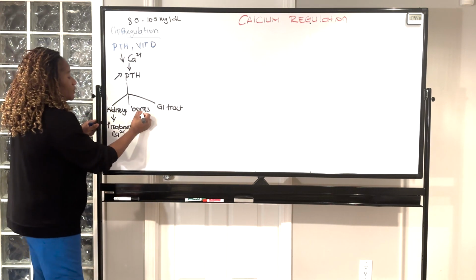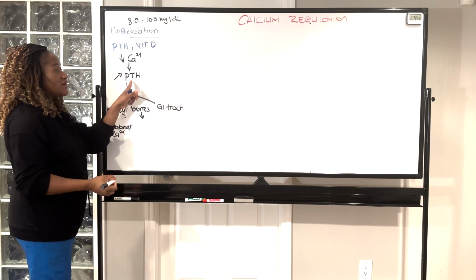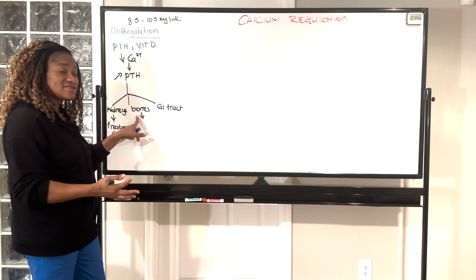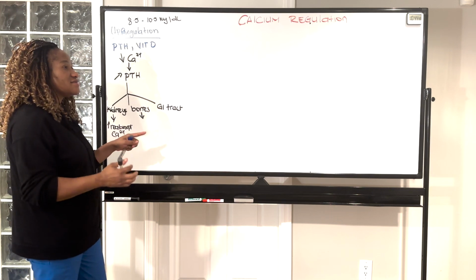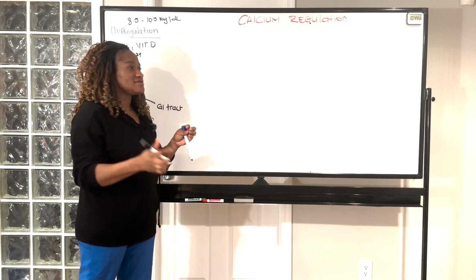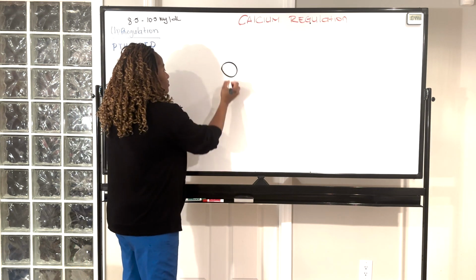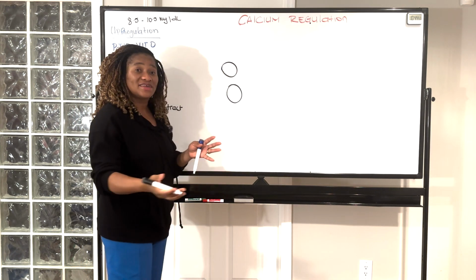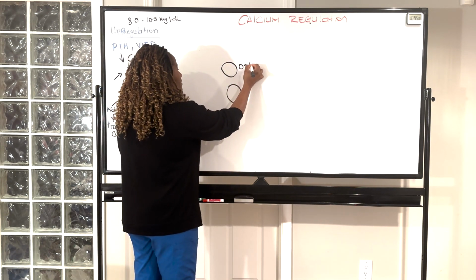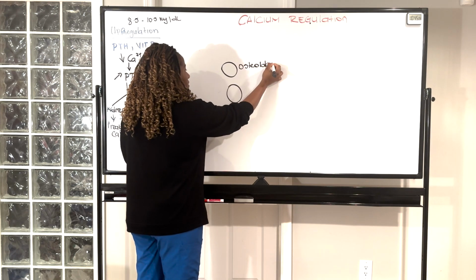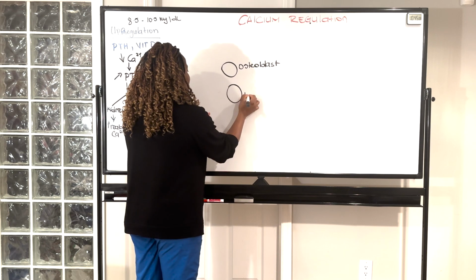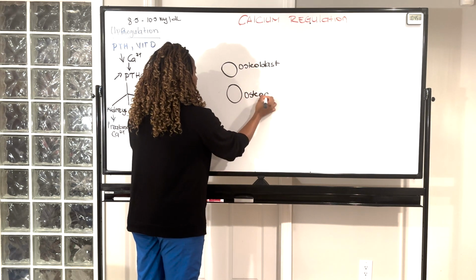So on the bones, the parathormone is going to have an indirect effect, because in the bones we have two main cells. We have the cell that makes up the bones, and we have the cell that breaks down the bone. The cells that make up the bone are called osteoblasts, and the cells that break down the bones are called osteoclasts.